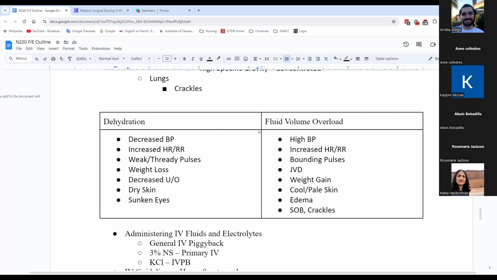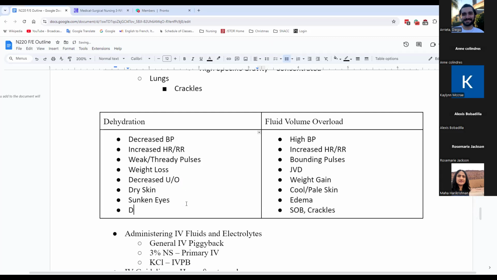Let me see what else we have that might be hypovolemic, for dehydration. I like that one. Dry membranes and tongue. You might have hypotension, increased respiratory rate, decreased urine output.